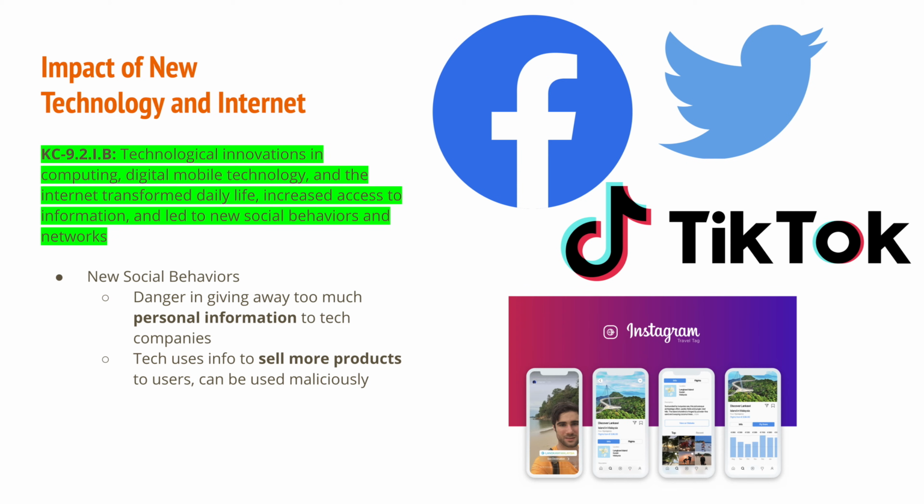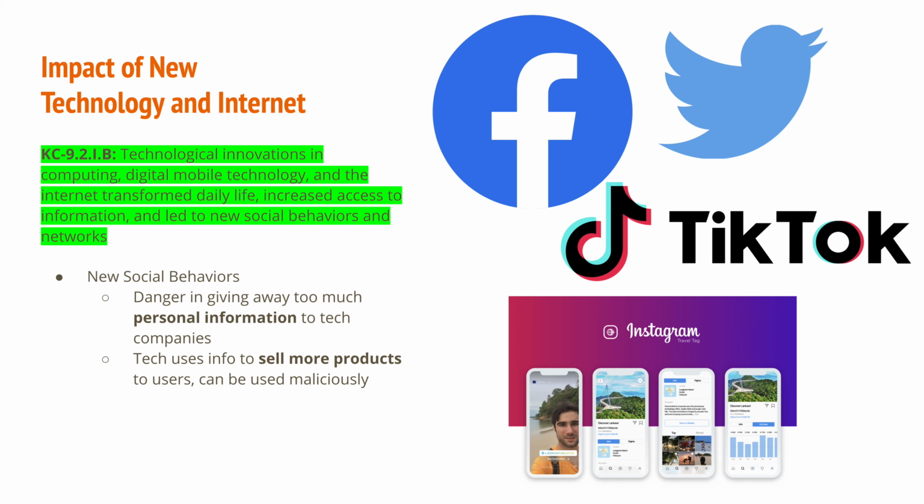So if you ever thought that your phone is listening to your conversations and all of a sudden you see an ad for something that you were thinking about buying, that's because these companies have algorithms that can figure out, based on your demographic, based on your identifying information, what kind of products you are likely to buy, and then they show you those ads. So that's really good for technological innovation and for economic activity, not so good for your wallet.